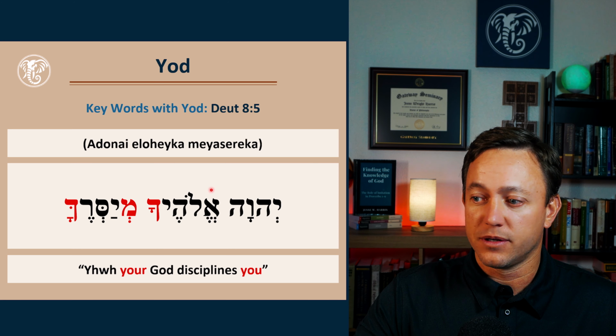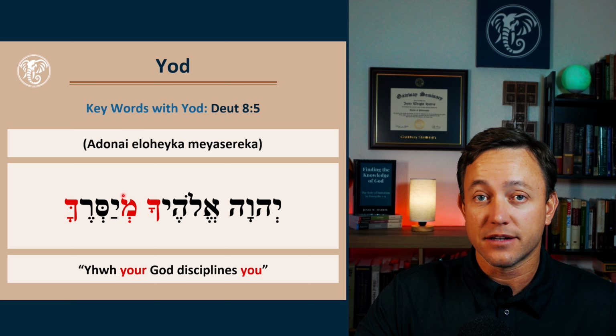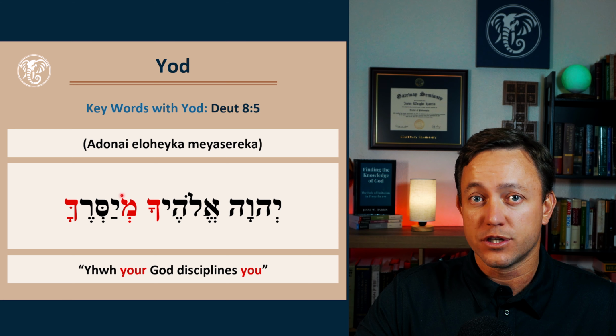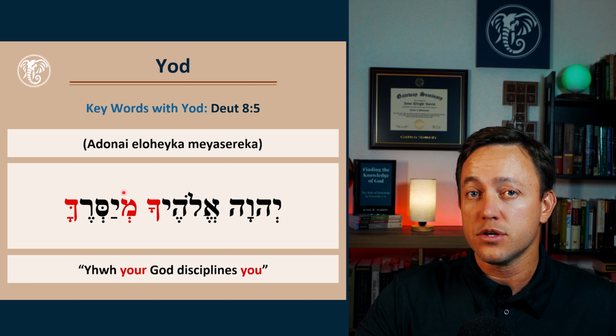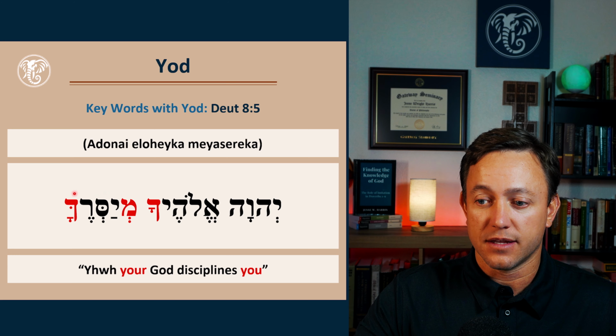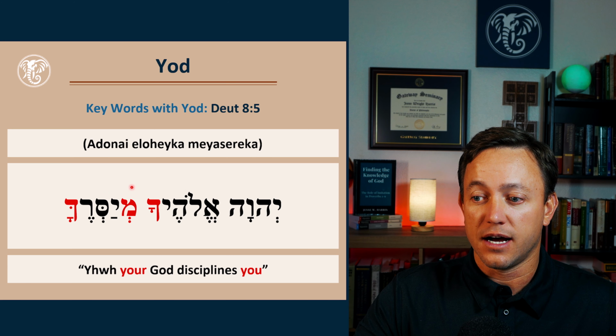And so here, this is actually a letter added for a verb type, which gets a little bit more into grammar later on. But just know it means something like to do something, right? So one who disciplines, or one who teaches, and then ka, you, right? So the Lord your God teaches you.